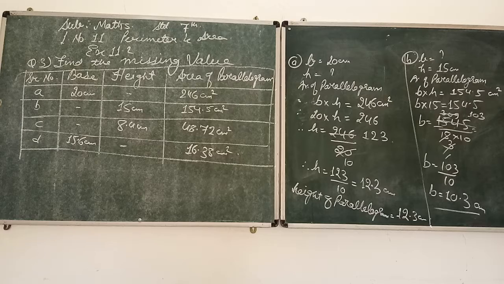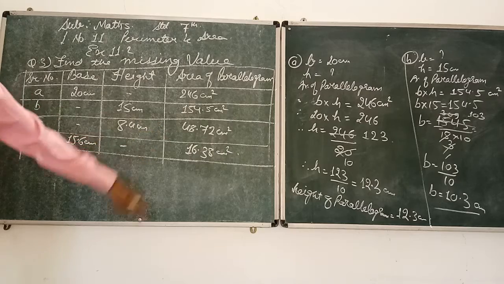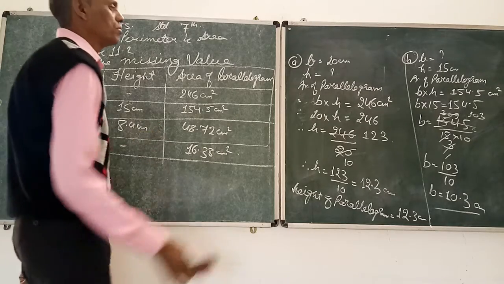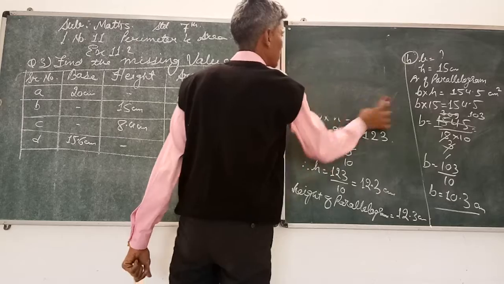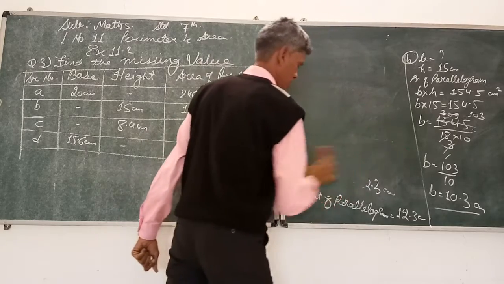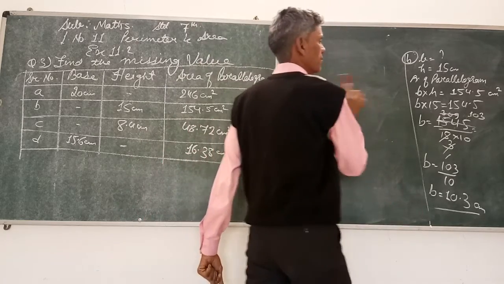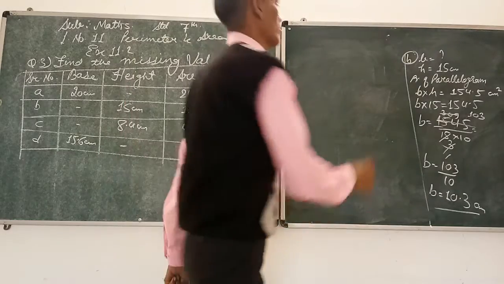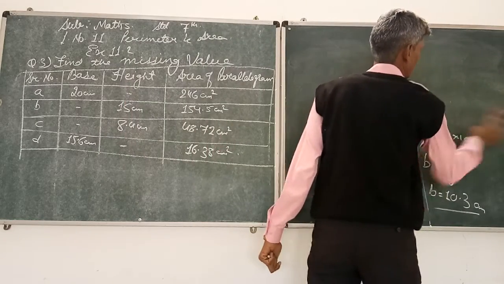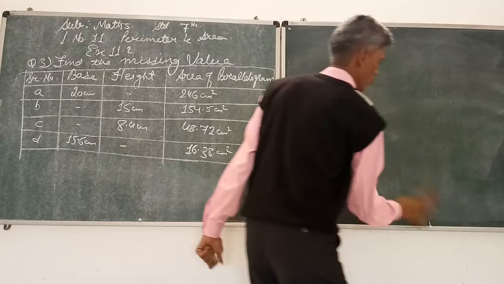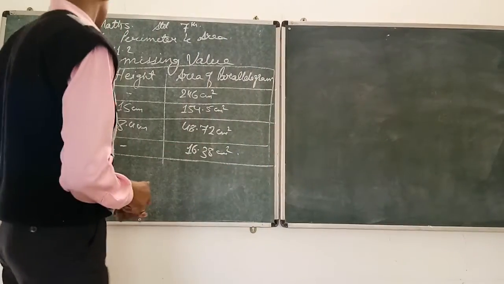Next sum, I am explaining C. What is the C question? Base is not given, height is given 8.4, area of parallelogram is given 48.72. So I am just explaining here. Question number 3, C. What we have to do? We have to use the standard formula.